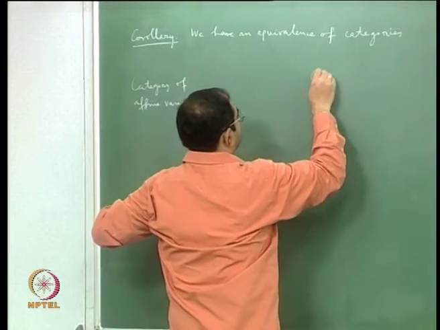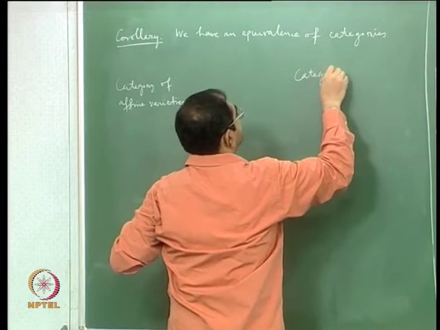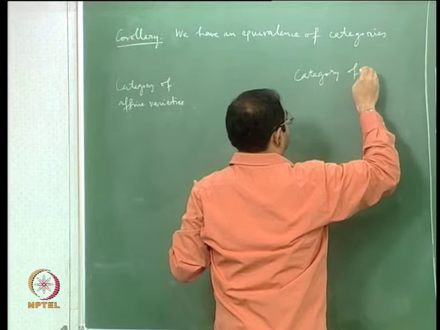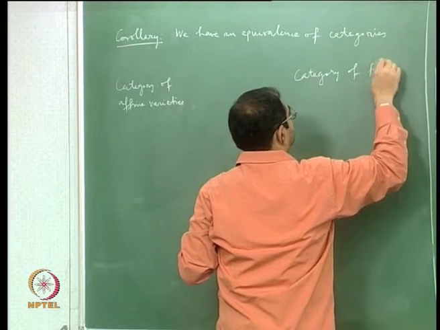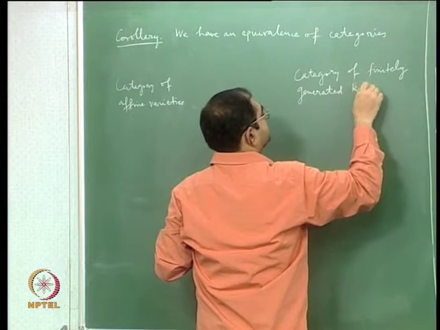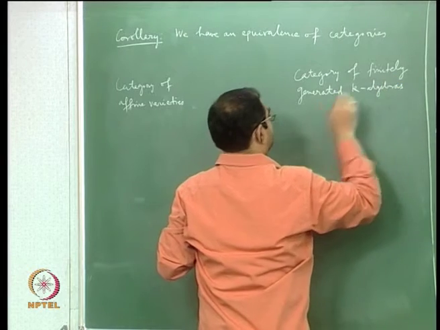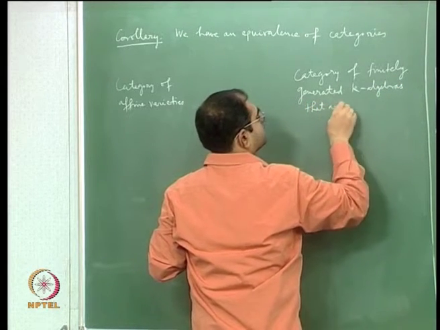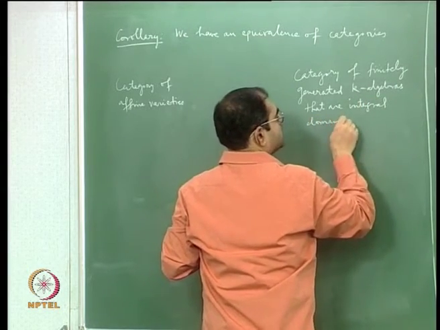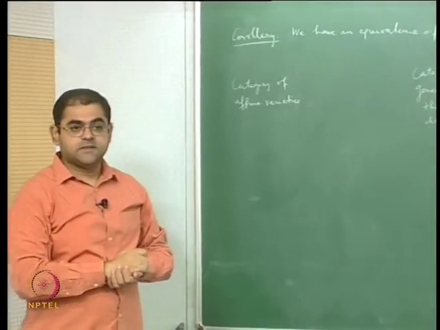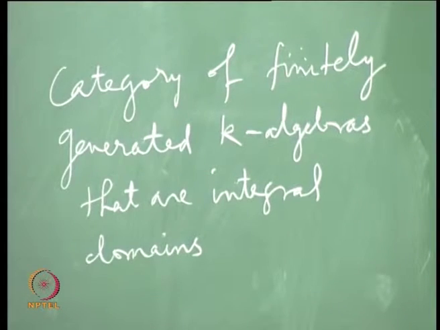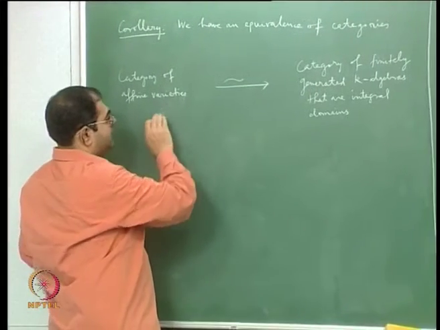On this side we have the category of affine coordinate rings over K, which should be defined as the category of finitely generated K algebras that are integral domains, and of course the morphisms there are K algebra homomorphisms.